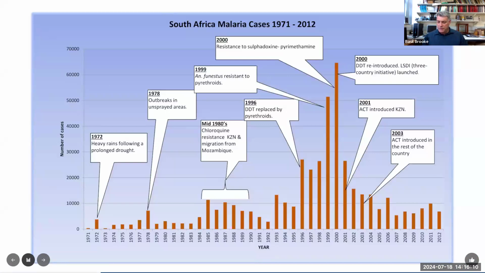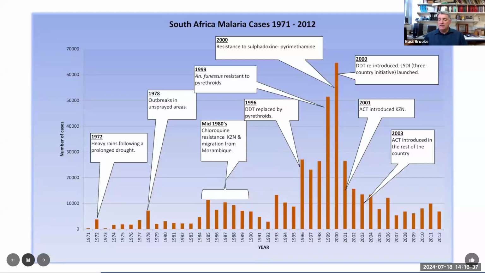Only about a third of those at any one time would have been locally acquired malaria cases. That doesn't mean there weren't problems. For example, there was a problem with anti-malarial drug resistance, chloroquine resistance specifically, in the 1980s, which meant the drug regimen had to change.